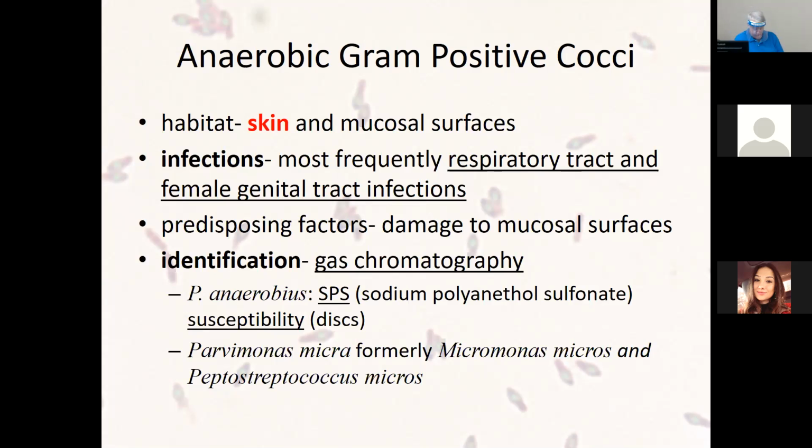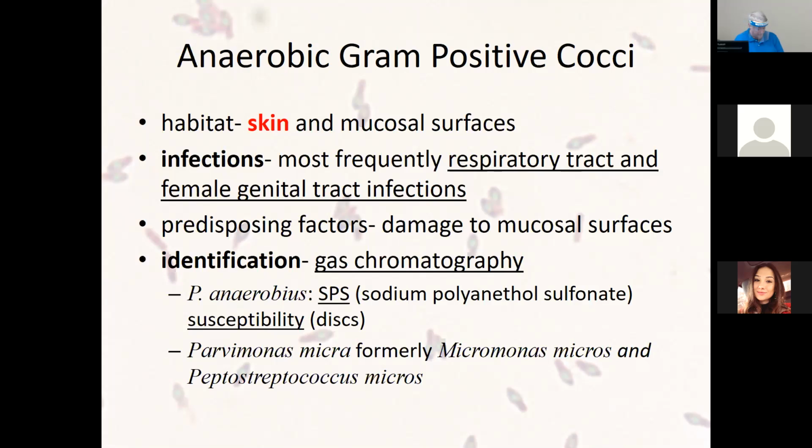If we're over in streps, let's see, pyogenes, agalactiae, Enterococcus, Group D, bovis, nah. Anybody find them on our little sheet? It has Parvomonas and Peptoniphilus too. Those are the other keywords, I guess. So it's Parvomonas, formerly Micromonas, micros, and Peptostreptococcus, micros. So again, changing the names up on us, aren't they?